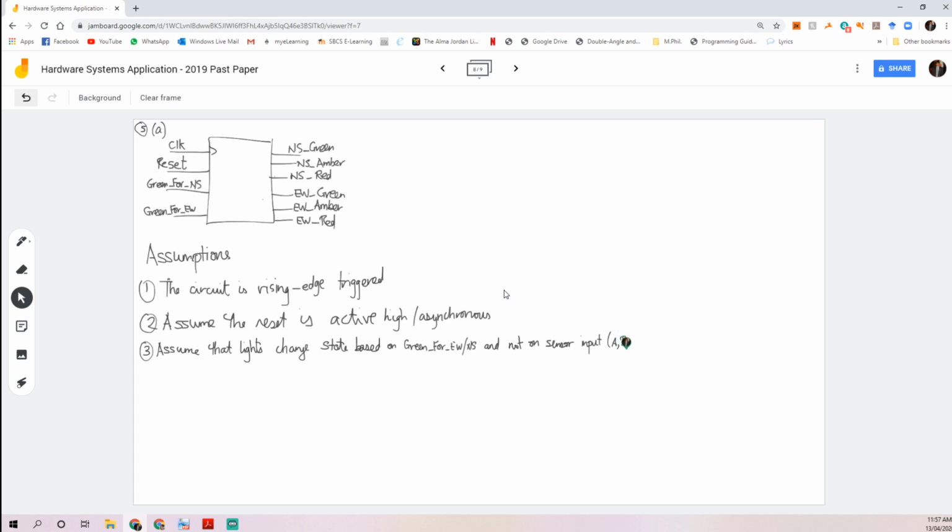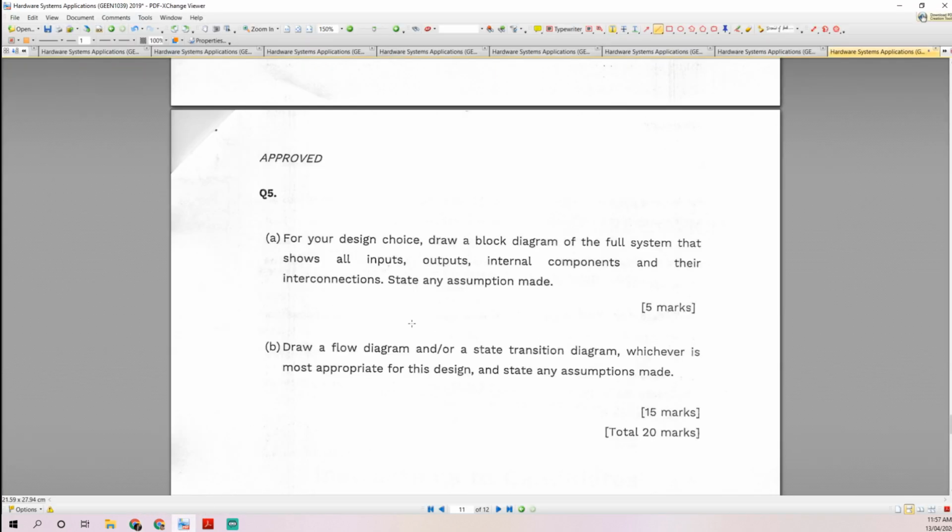In other words, we are no longer looking at permutations of A, B, C, and D to determine how our lights change state. Okay, so that's basically it for 5 marks there.